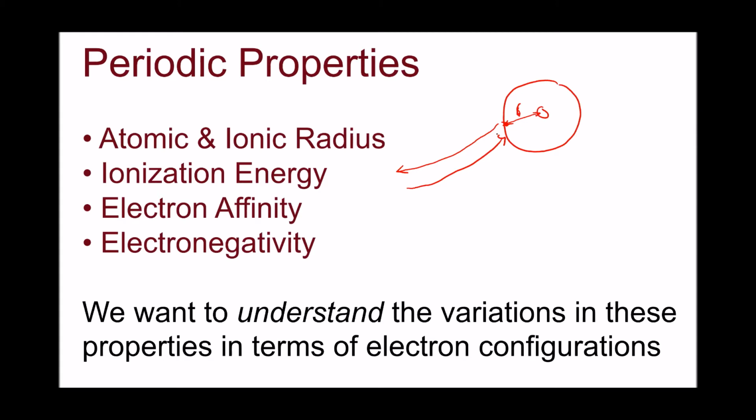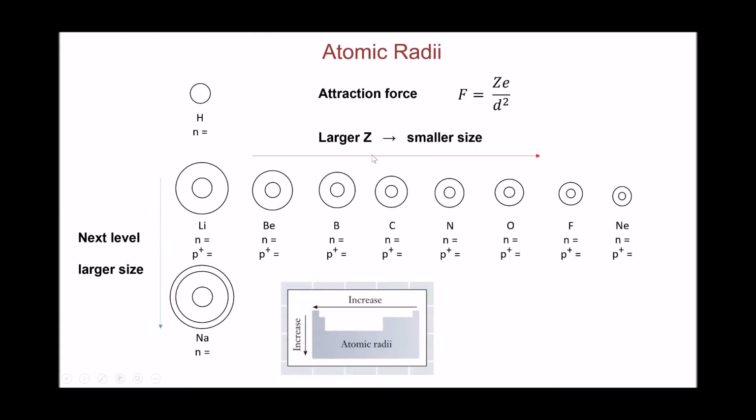And lastly, electronegativity, which is the relative attraction of an electron in a chemical bond between two different atoms. And we'll discuss each one of these properties and understand and explain the trends of these properties throughout the periodic table. First one is the atomic radii.